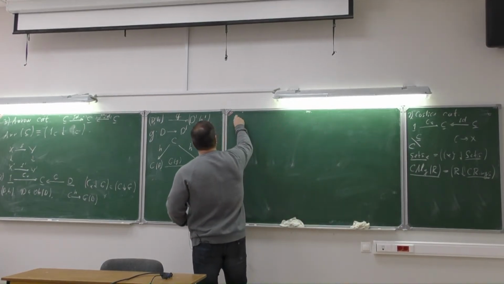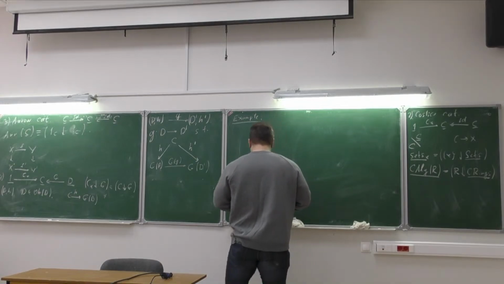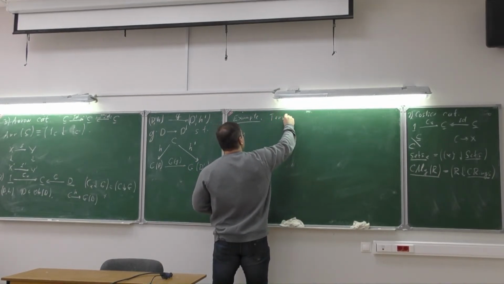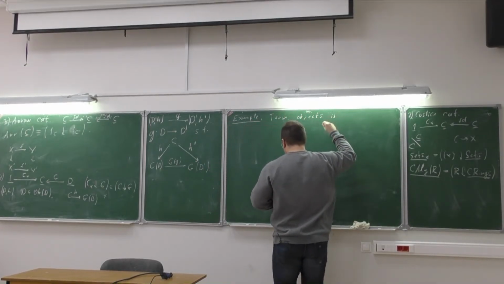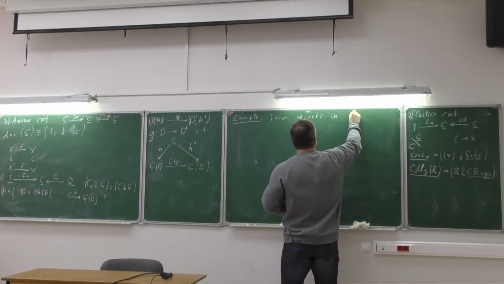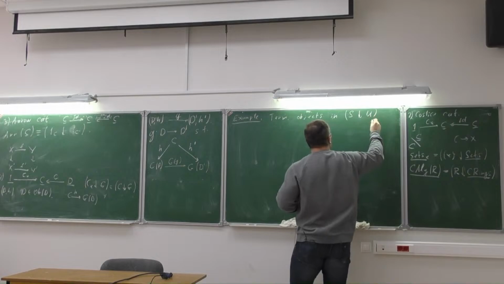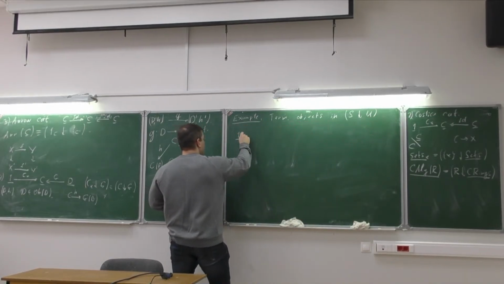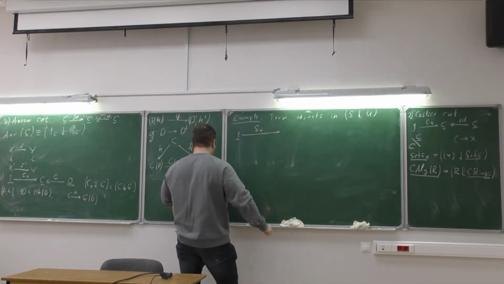So let's look at the example, this last category. What are terminal objects in S↓U? What are S and U in this situation? I have the identity category, and S is just a set.